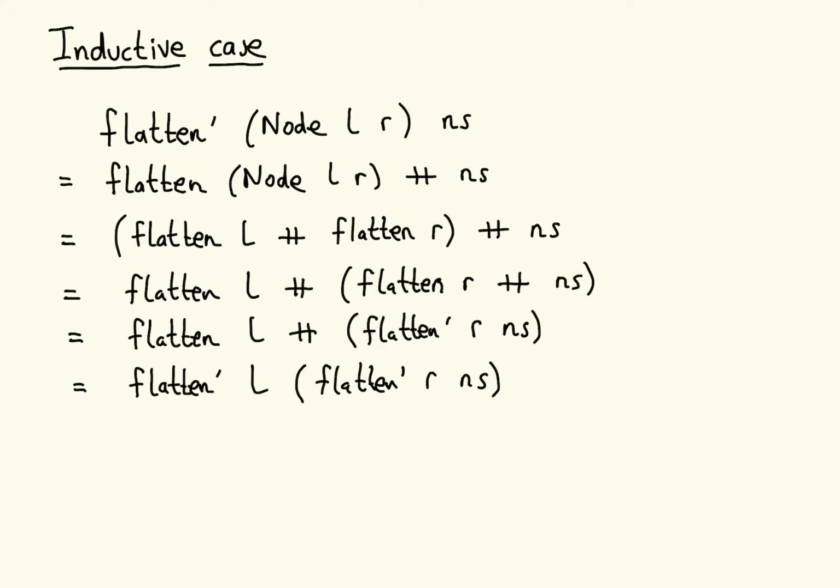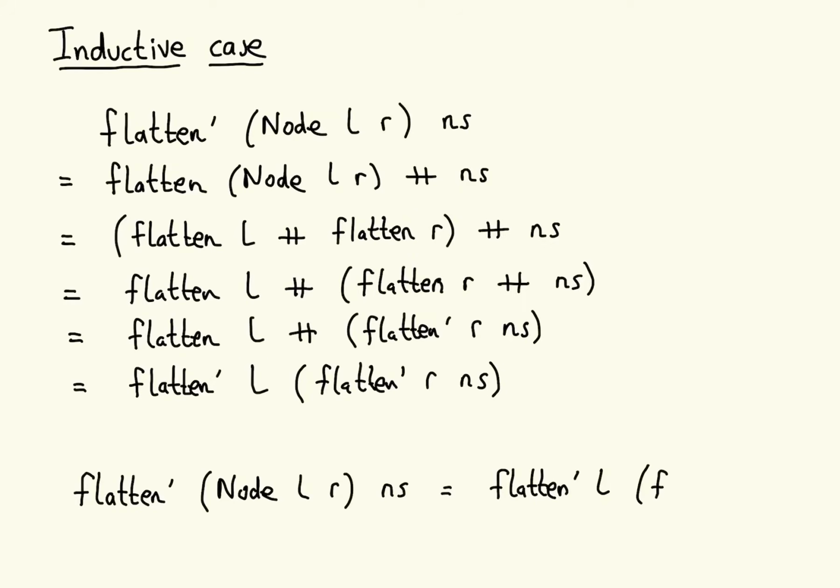So let me just write this down at the bottom of the slide. So what we have in the end is we have calculated, using the process of constructive induction, just starting from the equational specification of flatten prime, that flatten prime of node L R, and then we have a list ends, is simply going to be flatten prime of L, and then in brackets we have flatten prime R and ends.